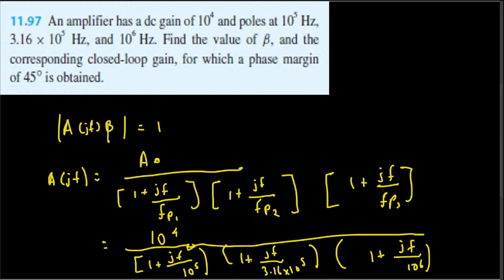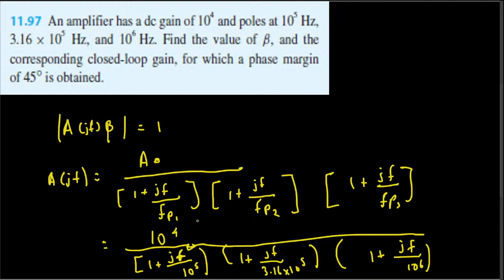Okay, but here one problem is that in order to find beta, we need to find A first. But in order to find A, we need to know what this f value is. We don't have it readily available, so we have to find that.